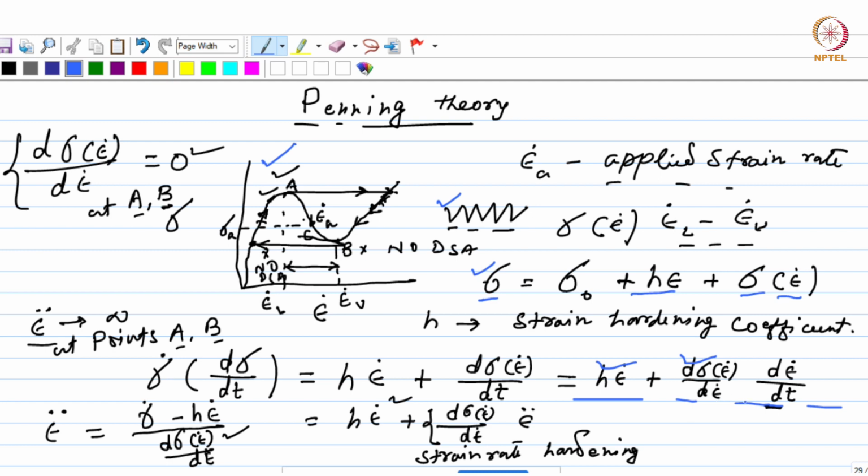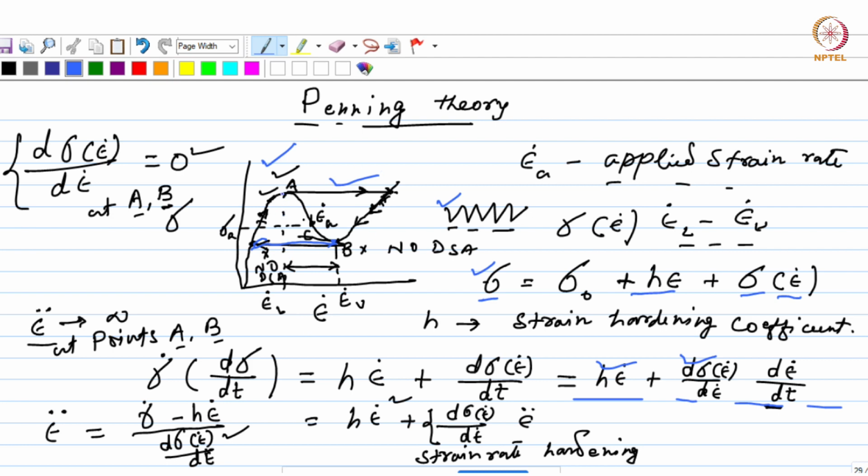Okay, so if you now see this particular plot over here, you have a maximum at point A and a minimum at point B, right? Because within this range, from here to here, this is the strain rate range in which the dynamic strain aging can occur, right?